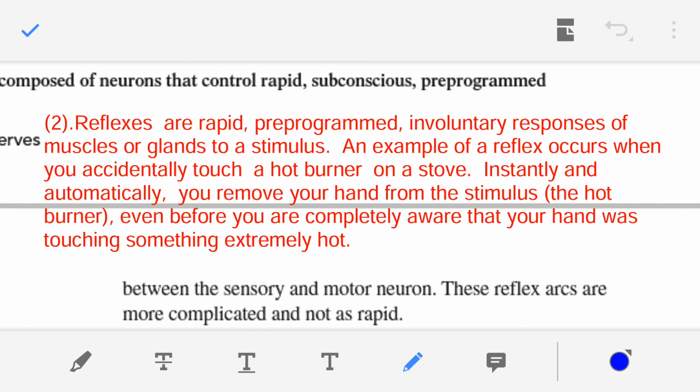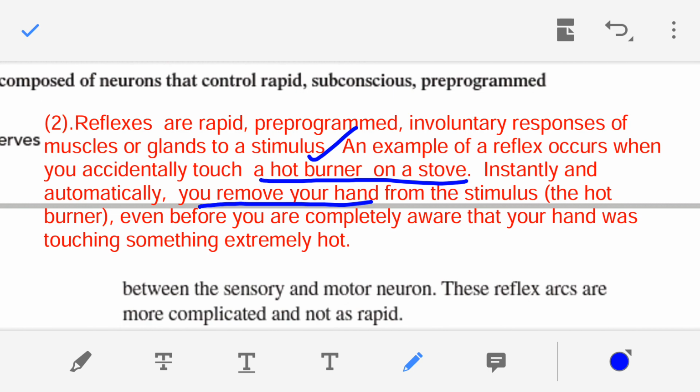Now one example for reflex: imagine that you accidentally touch a hot burner on a stove. What are you going to do? Immediately you are going to remove your hand from that hot burner without realizing that your hand touched it.